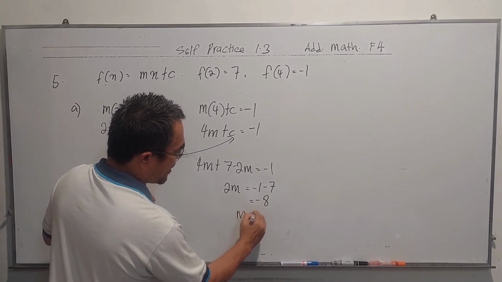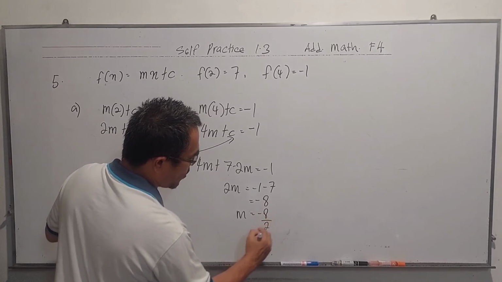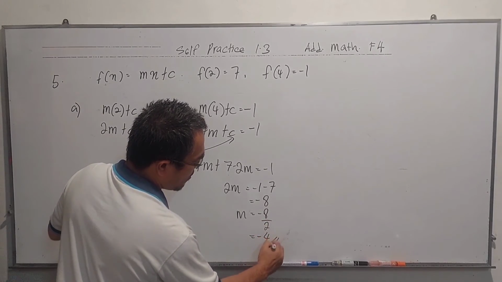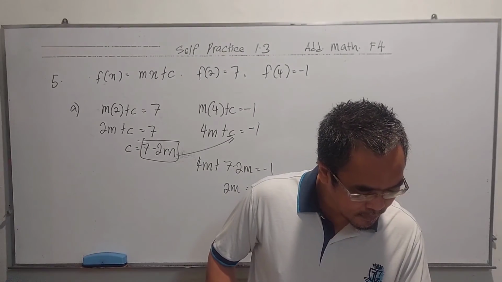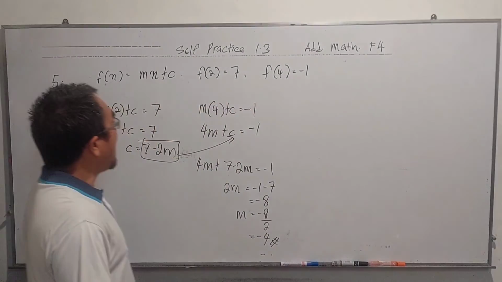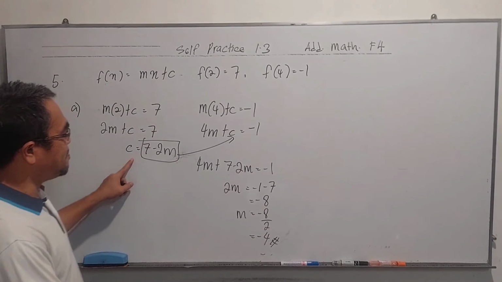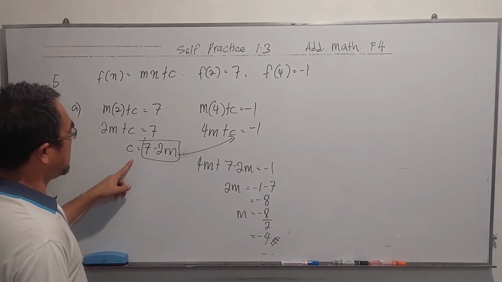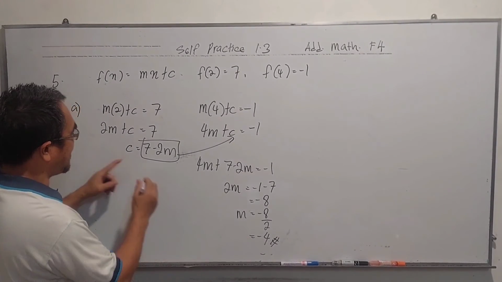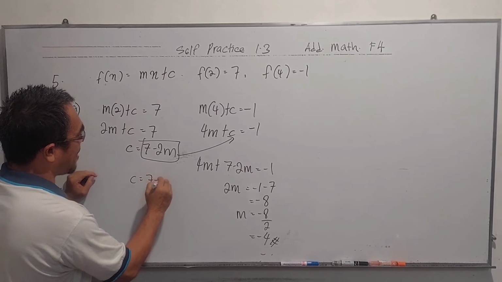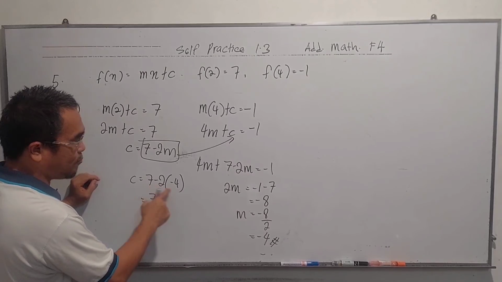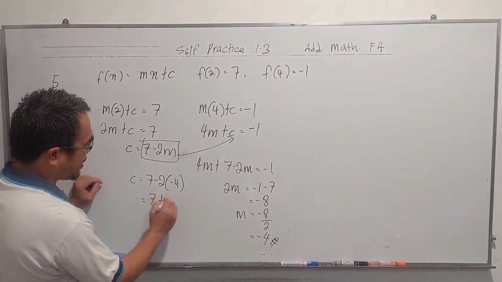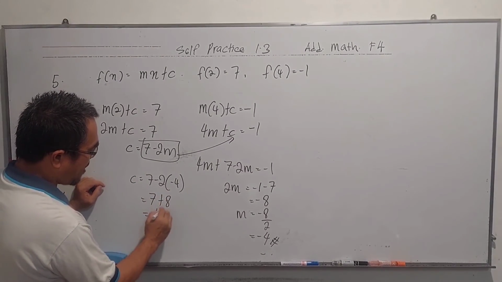So m will be -8 over 2, which is -4. Okay, and the value of c is found by replacing m as -4. So c will be 7 minus 2 bracket -4. So 7 minus 2 times -4 will be 7 plus 8. So c will be 15.